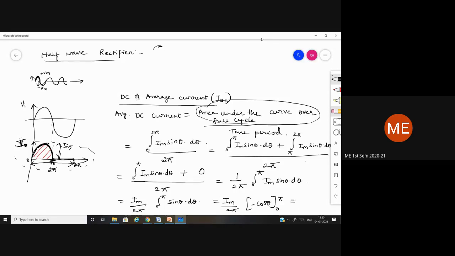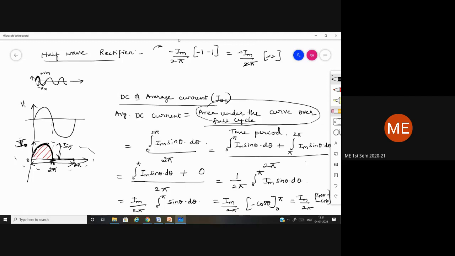So this becomes Im by 2 pi of cos pi minus cos 0, with the minus outside. So this becomes minus Im by 2 pi of minus 1 minus 1, that is minus Im by 2 pi of minus 2.